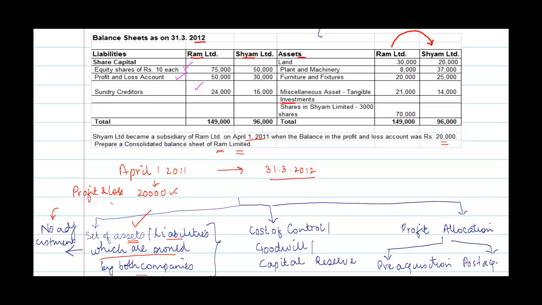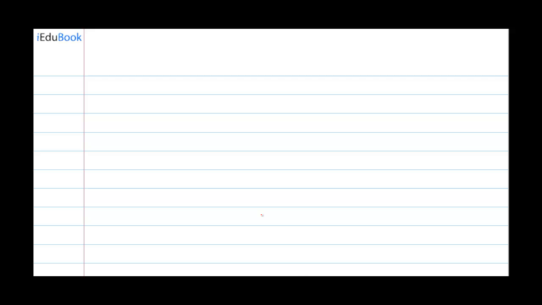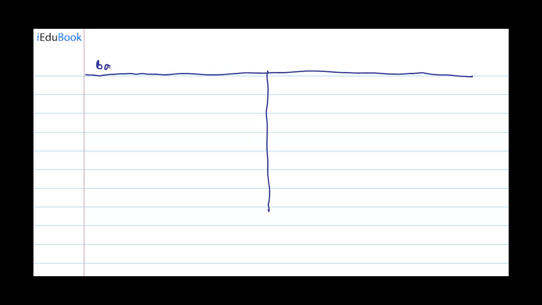So let's cover the first aspect first. I'll move on to the next page to draw a balance sheet. We are making a balance sheet of RAM Limited as on 31/3/2012.